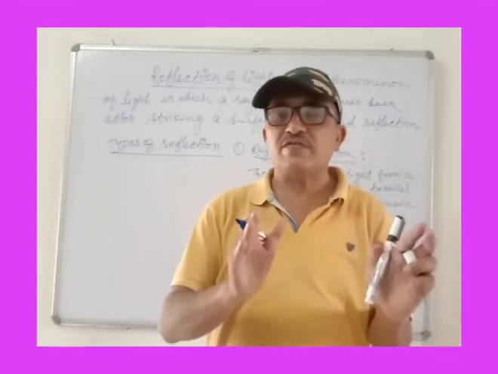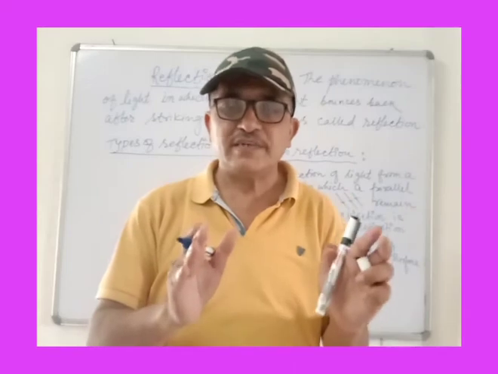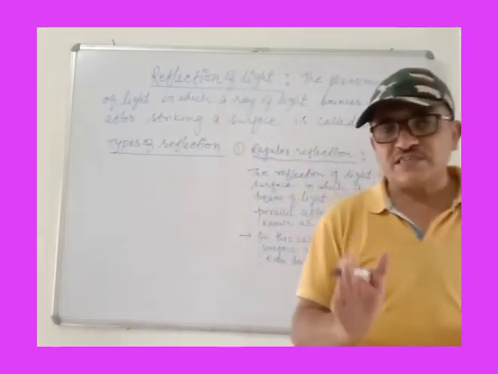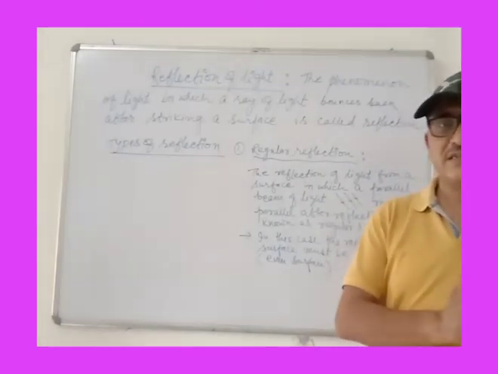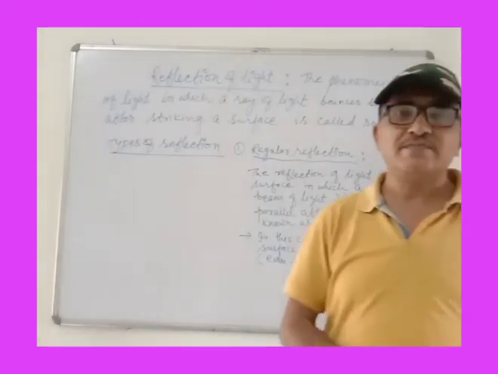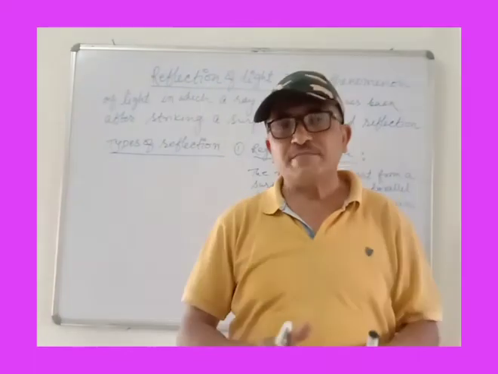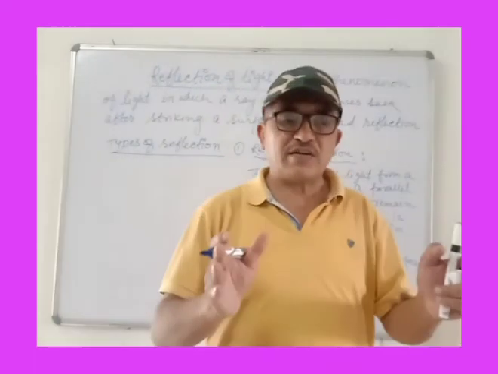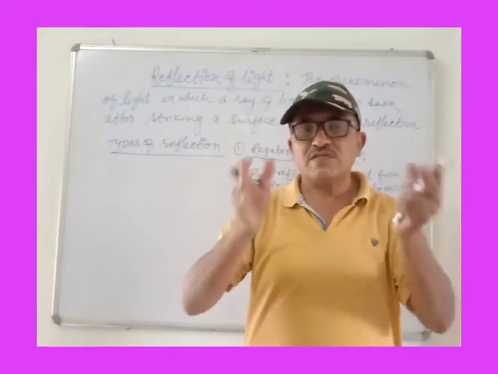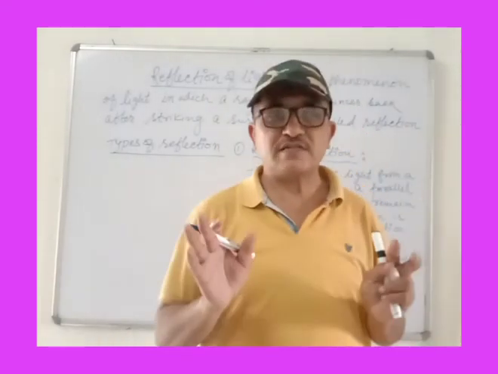Then you can see your image, isn't it? But if you stand at the corner or at the side and you want to see yourself, you can't, because at that time there is regular reflection. And for regular reflection, you have to stand just in front of the glass.